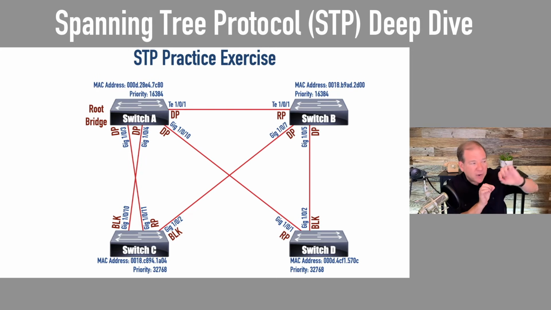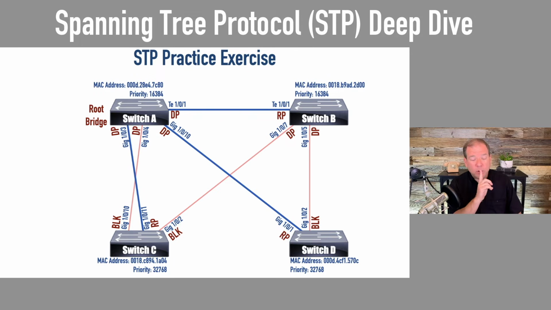Does most of our traffic go over to this data center? Does most of our traffic go to the internet? Does most of our traffic go over to this R&D department? Look at your traffic patterns, and based on your traffic patterns, different VLANs might benefit from different spanning trees, different topologies, different root bridges. And I'm going to show you today how you can assign different root bridges to different spanning trees.